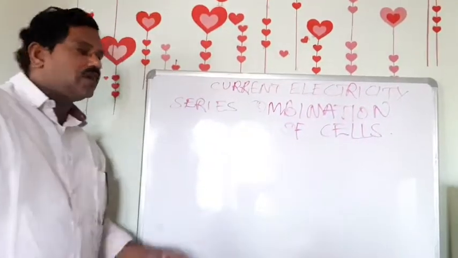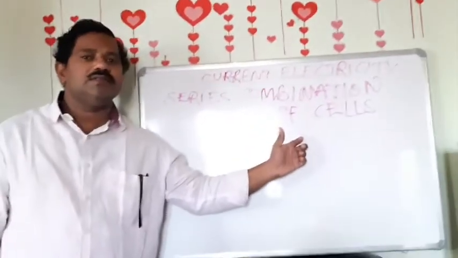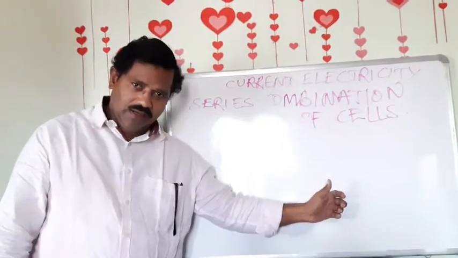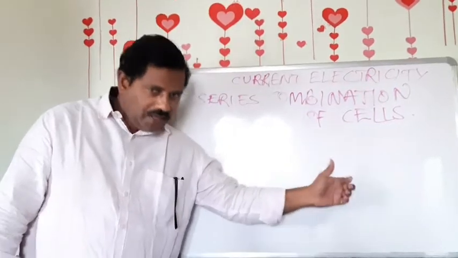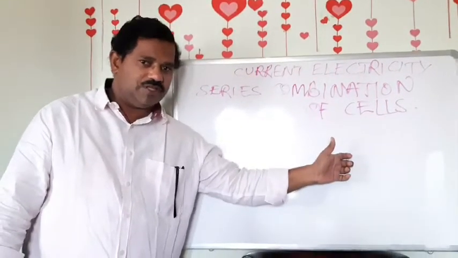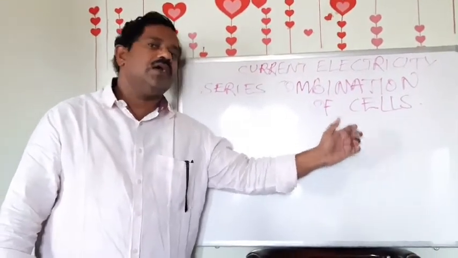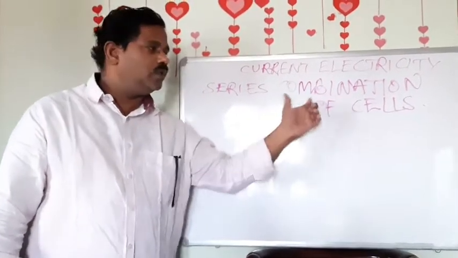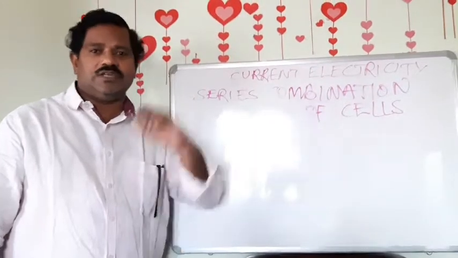In fact, in circuits, we can connect the cells in series as well as parallel, and also in a combination that we call a mixed combination, in which we find cells connected both in series and parallel. Right now, we are going to discuss the series combination of cells.